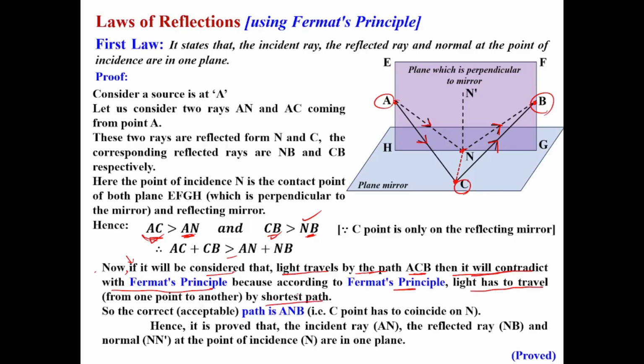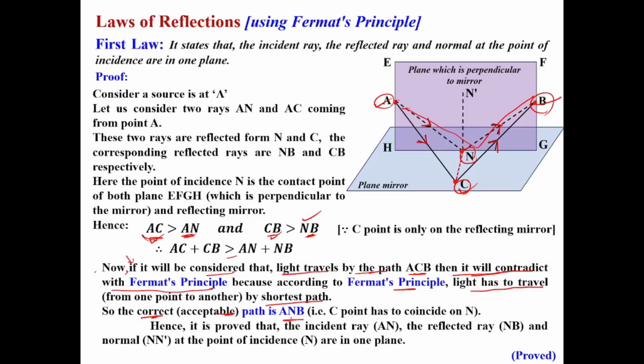So which one is the shortest path? If I consider ACB and ANB, obviously ANB is the shortest as compared with ACB. So the correct or acceptable path according to Fermat's principle is ANB.